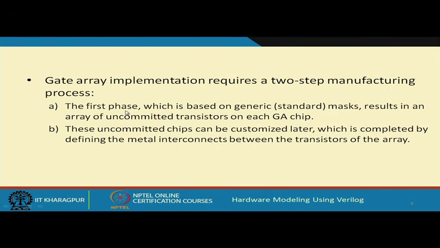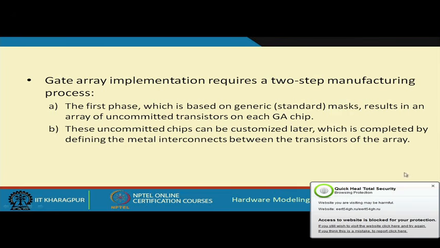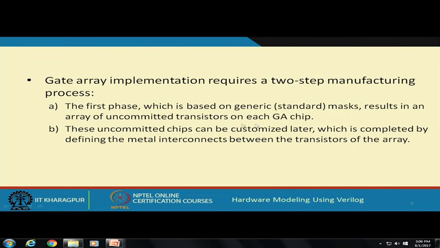The first phase is based on some generic masks during fabrication. So, what we are doing here is fabricating a large number of transistors on the chip, but we are not interconnecting the transistors. We are simply fabricating a large number of transistors, which is the first phase. Now, in the second phase, where you are doing the customization, we are completing the metal interconnects.